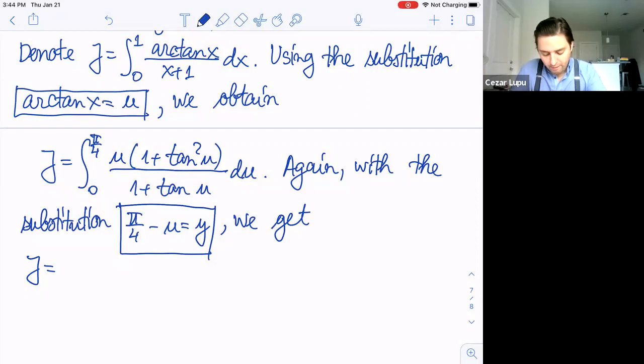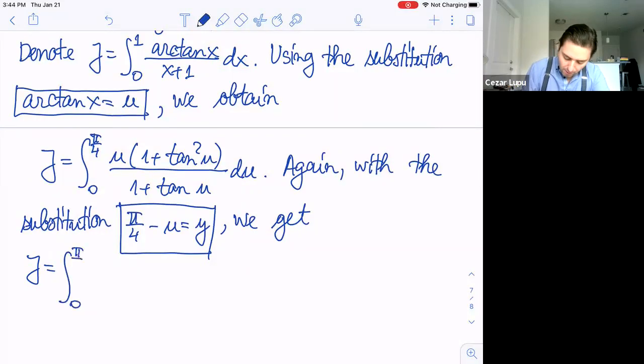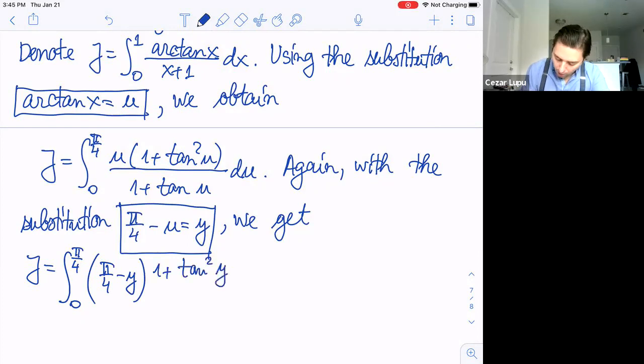So now we will have that j will be the integral from 0 to pi over 4 of, and now let's see, u will be pi over 4 minus y, right? And this would be 1 plus tangent squared of y, everything over 1 plus tangent of y dy.